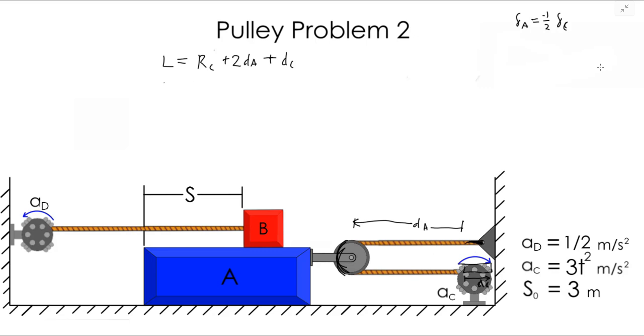In order to get that, we're going to take the derivative of this equation. The derivative of L is 0, and the derivative of the rope constant is 0, it's not changing, plus 2 VA plus VC equals 0. So VA equals negative 1/2 VC.